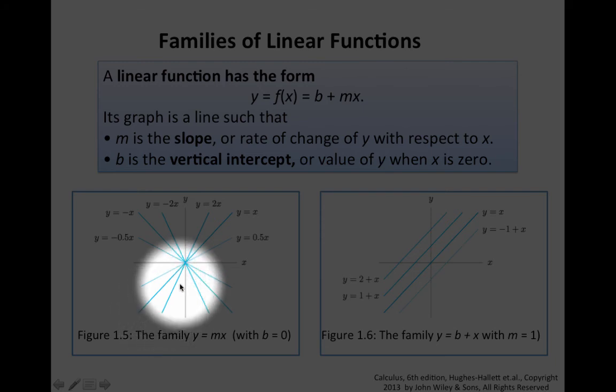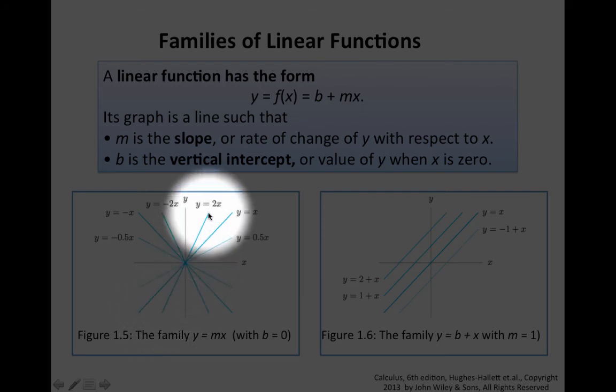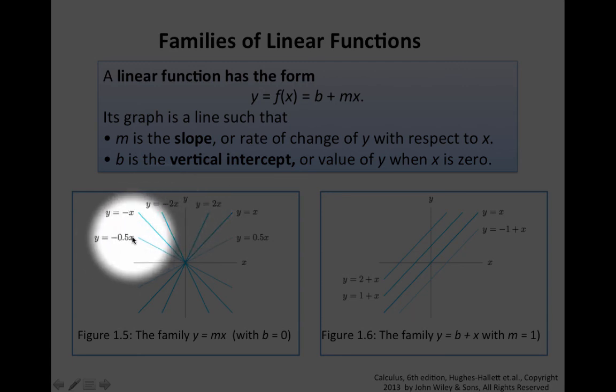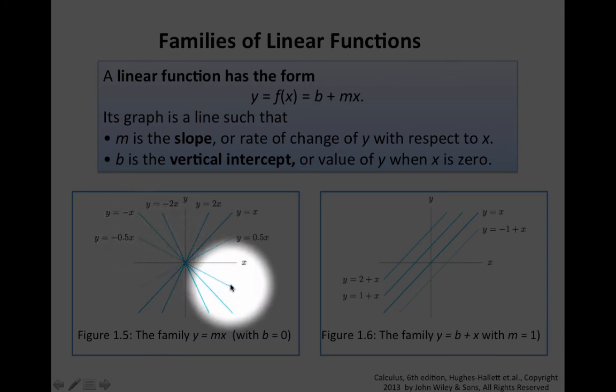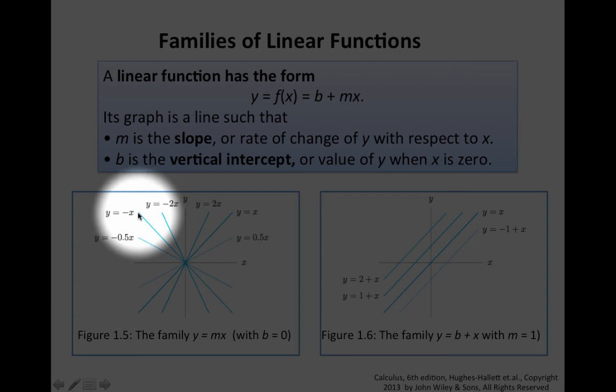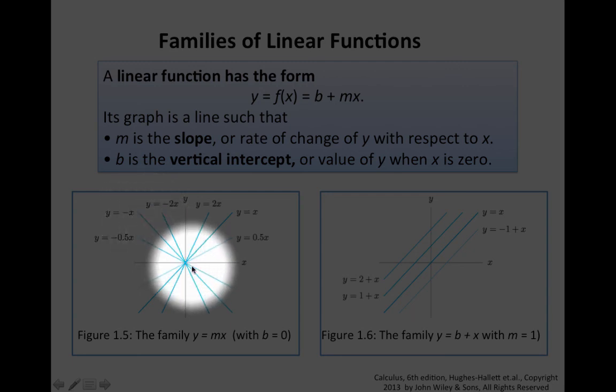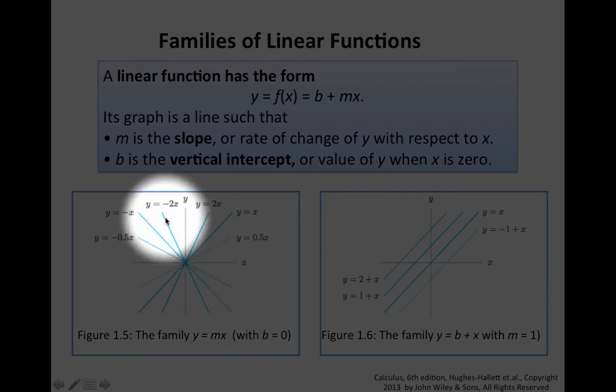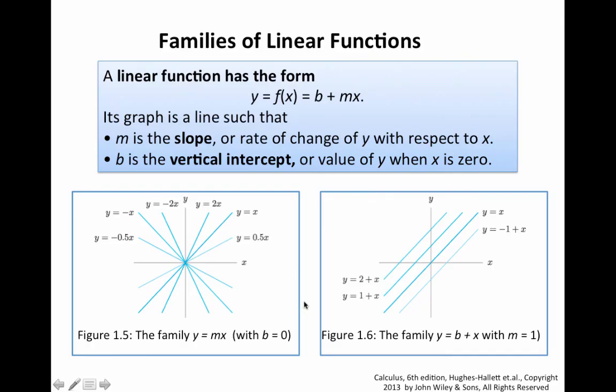So as my x's are increasing, the lines are going up. Now, contrast that to all the slopes that are negative. Those lines go downward as my x's get bigger. So as x goes from negative to 0 to positive, these lines go downward.